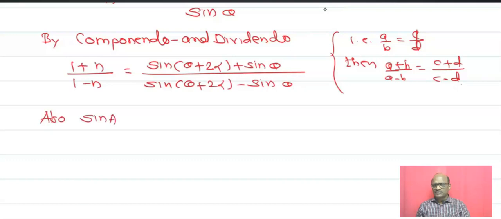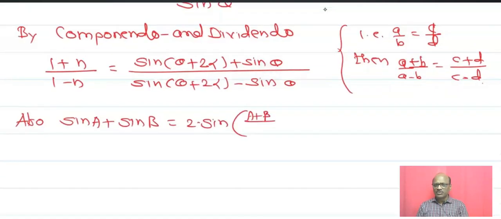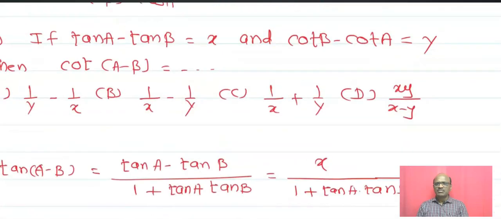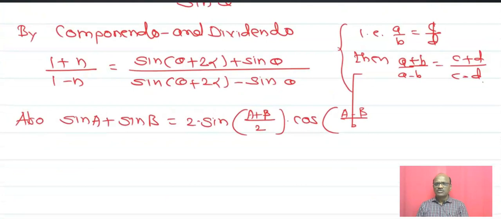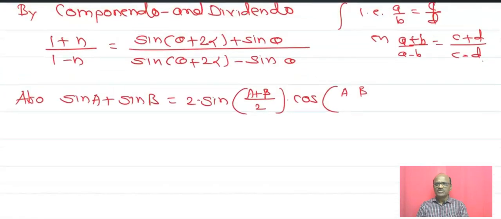And also, we will write the formula for sine a plus sine b. That is equal to 2 times sine of a plus b upon 2 into cos of a minus b upon 2. This is the first formula.